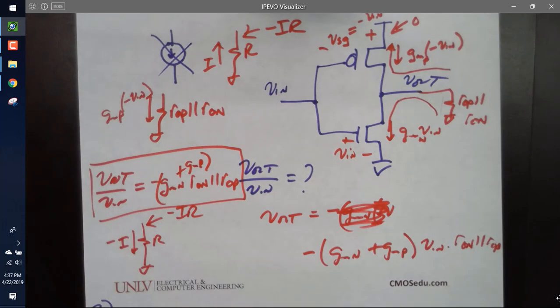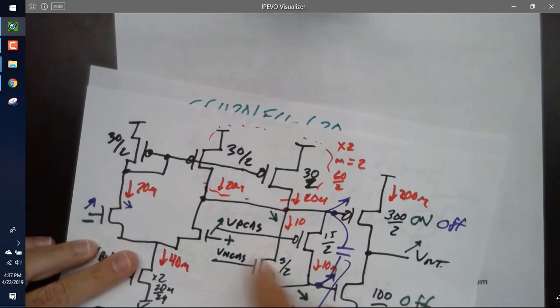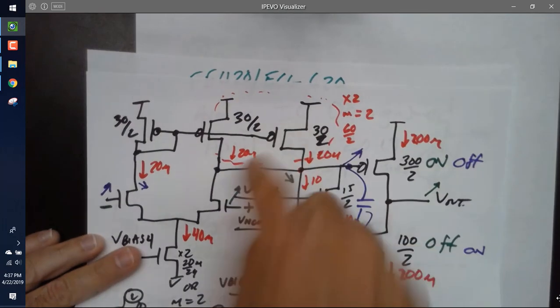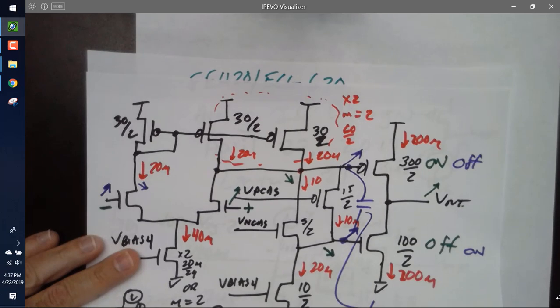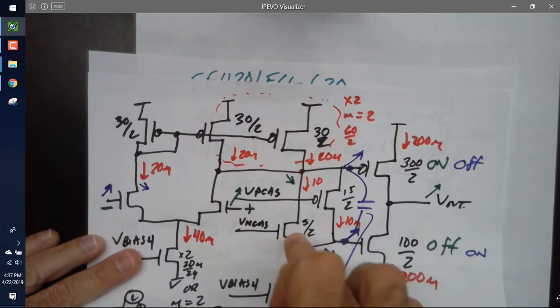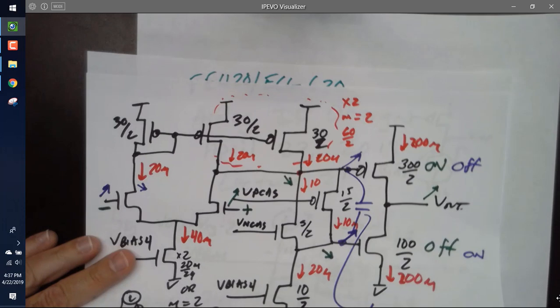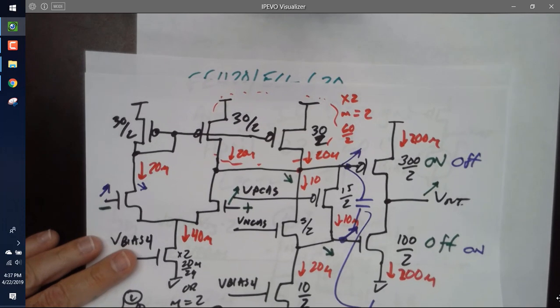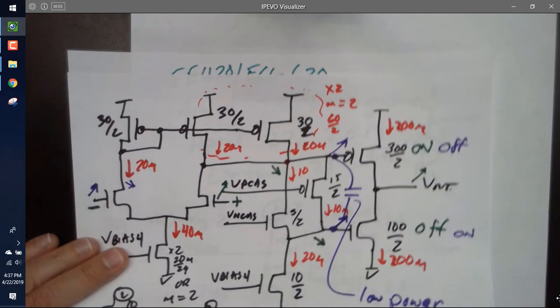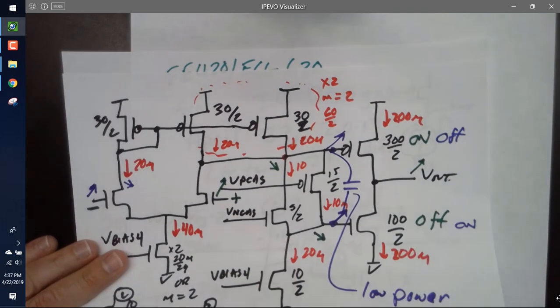All right, so that's my gain there. Now, what I want to do is go back and look at this part of the circuit, and to do that, I'm going to use just a current source here, and that's a source, and that's a source. I'm going to do my derivation assuming that there's a current source there, a current sink there.